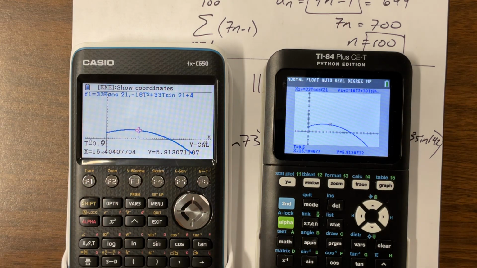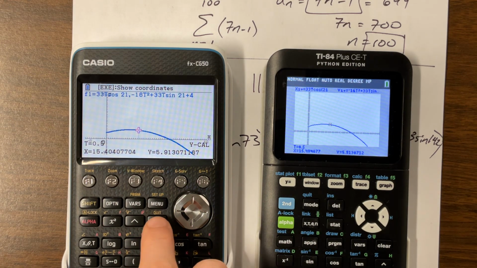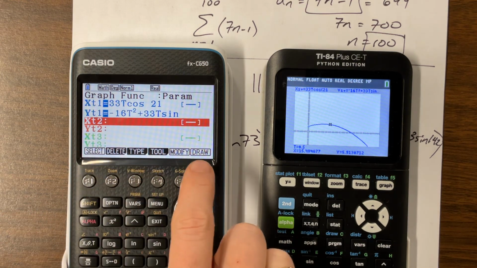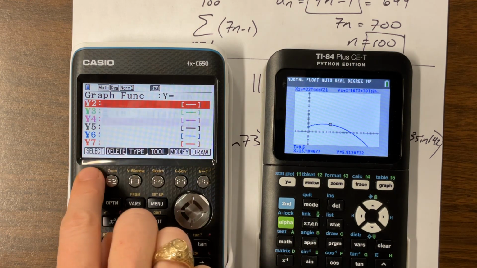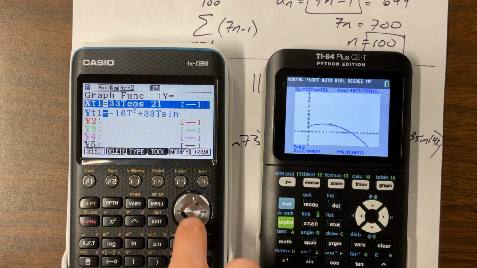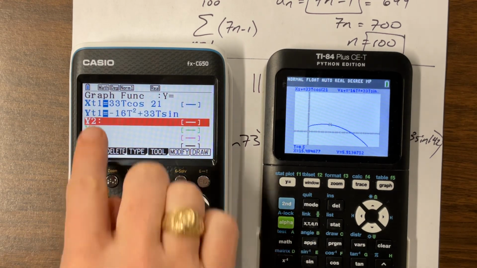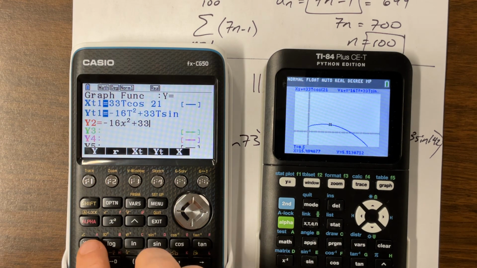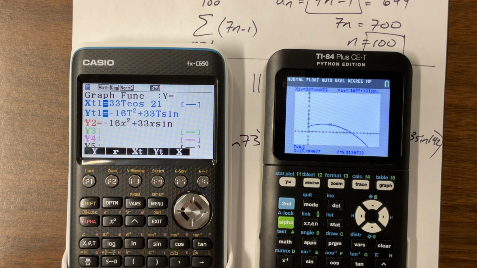What I typically do with these guys is I would exit out and change the second equation to type back to y equals. And so the first one, this is one thing where CASIO has an advantage. I can type in the second equation as a rectangular, as a y equals, let's see, sine, what was it, 21, and then I think +4.